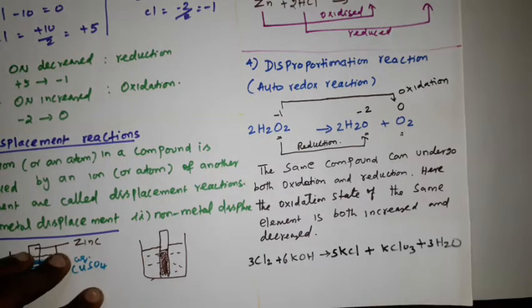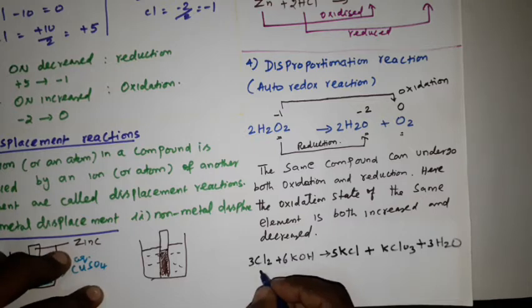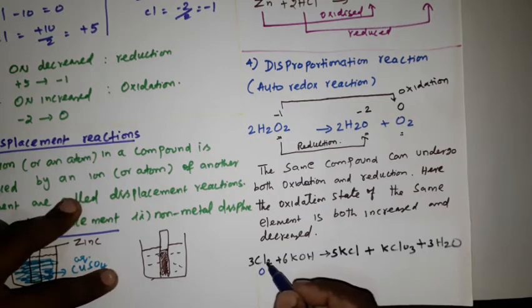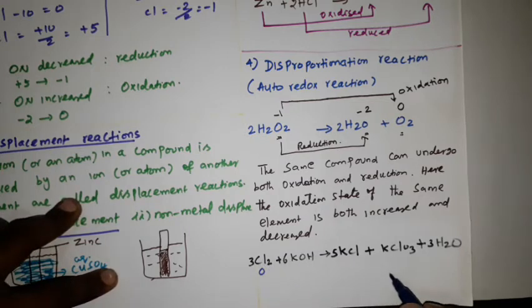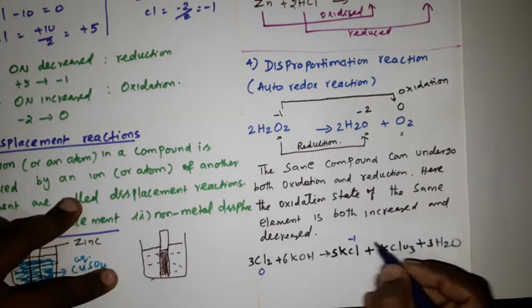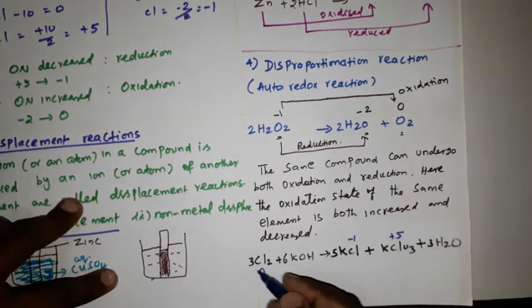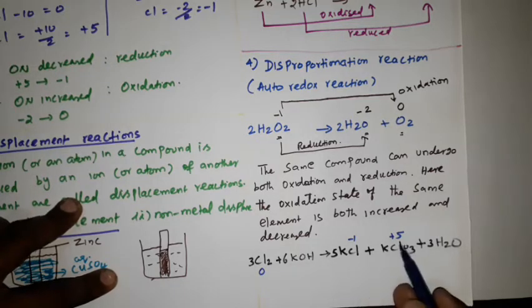Now assign oxidation numbers for all the atoms and elements. Here this is 0, because it is an individual element, and here -1 will come, here this chlorine, here +5. So the same element undergoes oxidation and reduction.